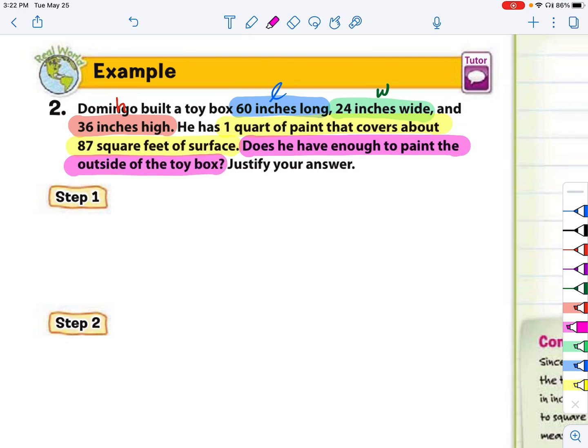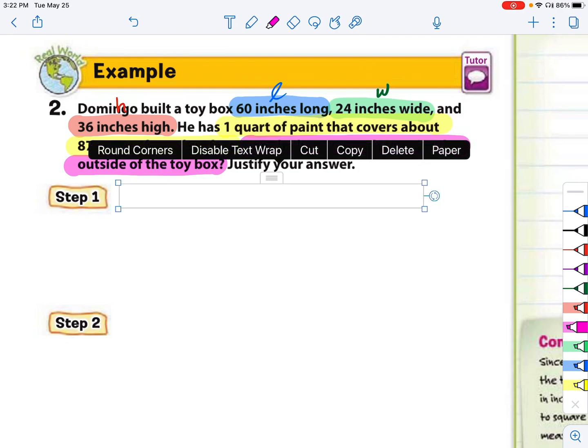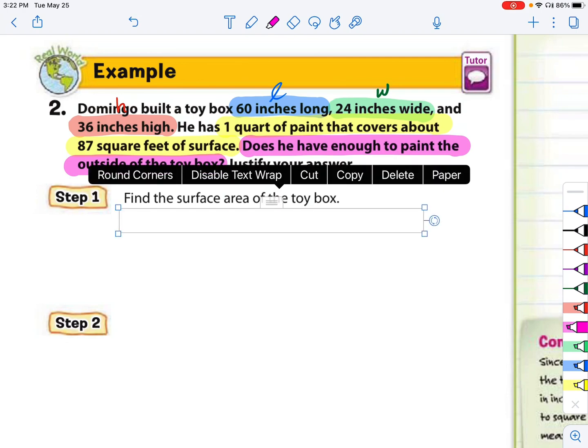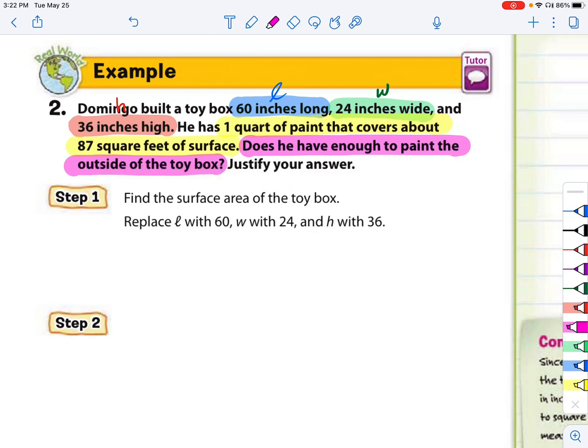First, step number 1, find the surface area of the toy box. So that means we are replacing L with 60, W with 24, and H with 36. After we replace those values, we look at our formula for surface area, 2LH plus 2LW plus 2HW.